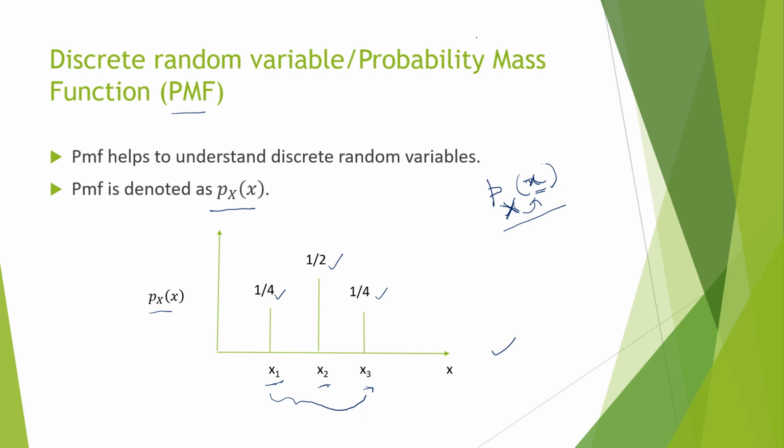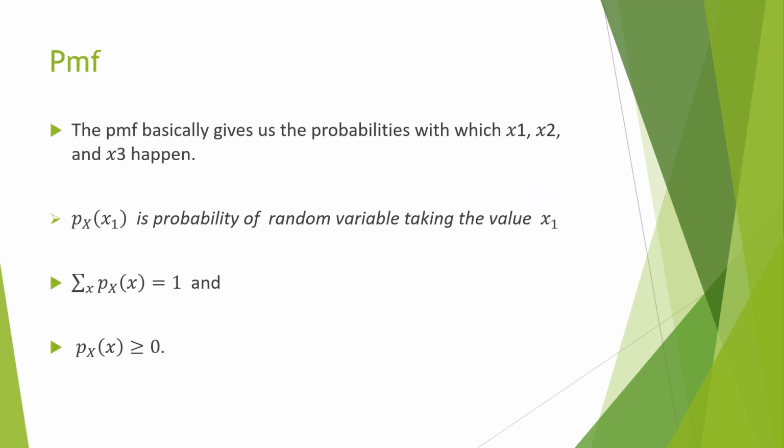That is how we describe a discrete random variable in terms of the probability mass function. So we have seen that the PMF gives us the probabilities with which x1, x2 and x3 happen in the previous diagram. Suppose I say P_X(x1), it is the probability of the random variable X taking the value x1.